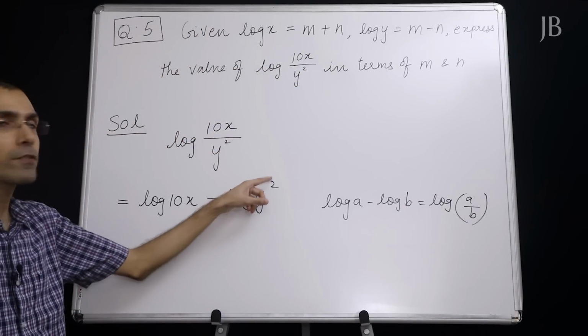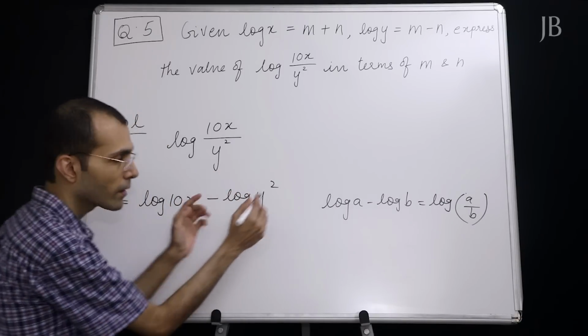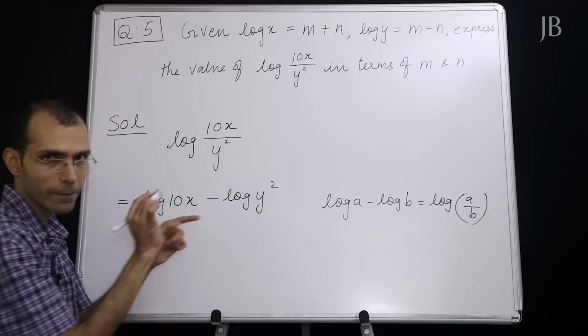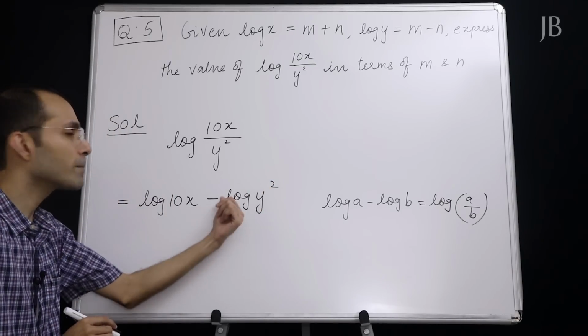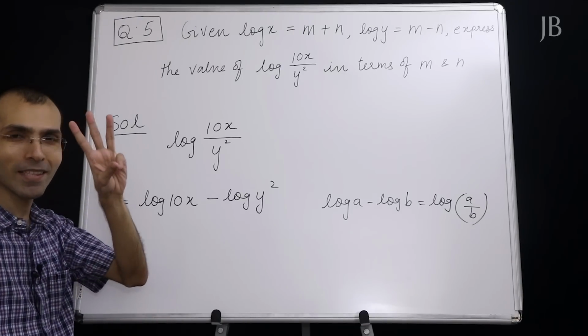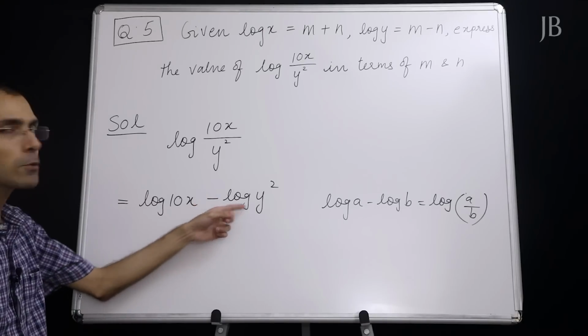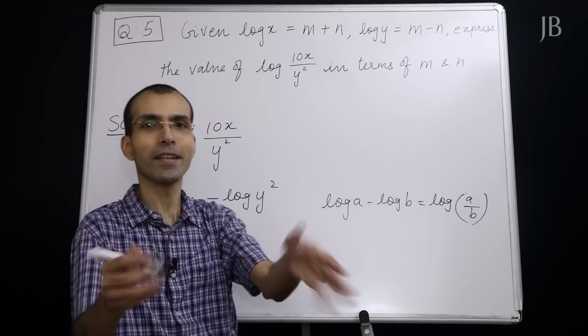But I have log y square. Mind you, it is not log y the whole square. It is log of y square. So the power becomes the coefficient. Remember law number 3, what I had taught last time. So that will be taken care of. It will become 2 log y, and log y value is given.